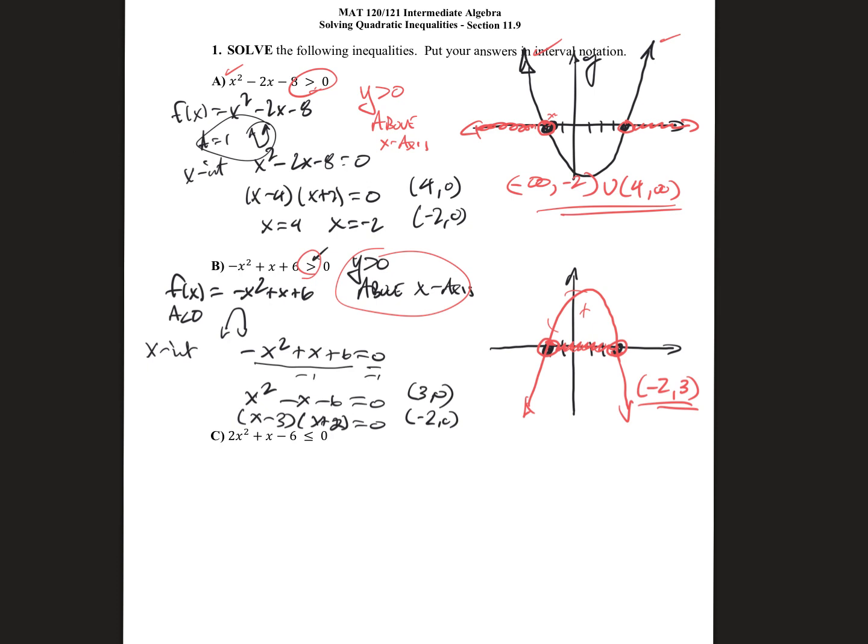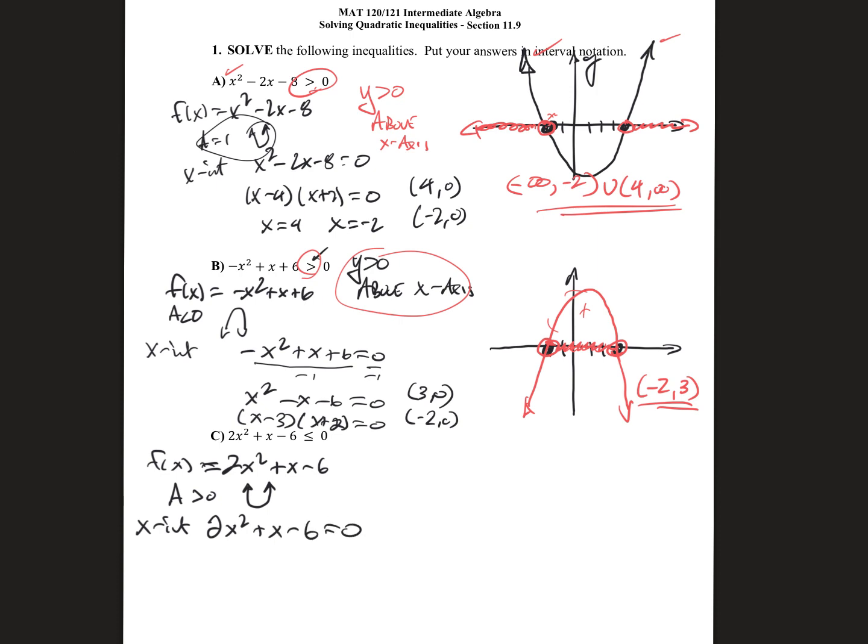Last one, in this case, our f of x function is 2x squared plus x minus 6. I see that my a is greater than 0, so I know I have a function that's doing something like this. Finding my x-intercepts, we're going to set this function equal to 0.